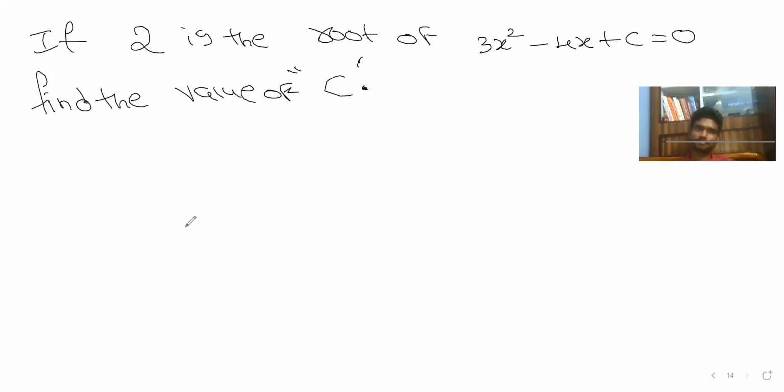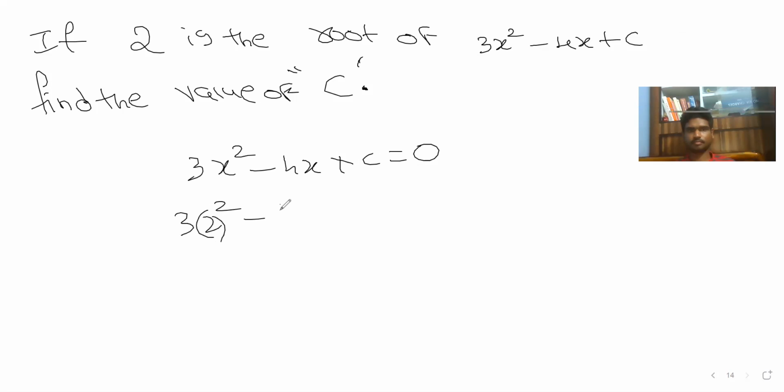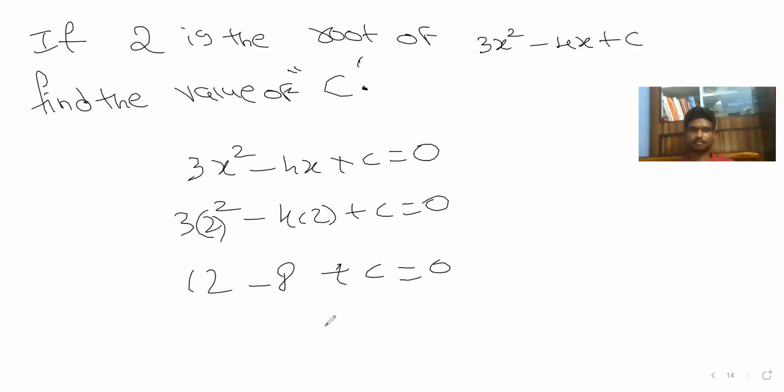I'll equate this to 0, substitute the value 2 for x, and shift everything to the other side. First I'll solve that: 4 3s are 12 minus 4 2s are 8, which is 4.